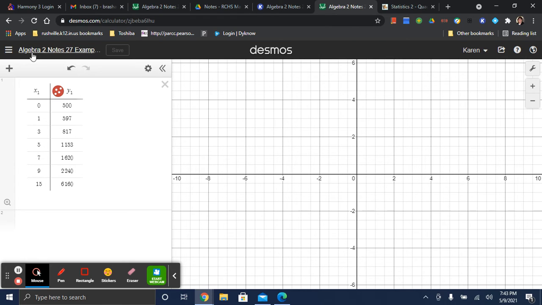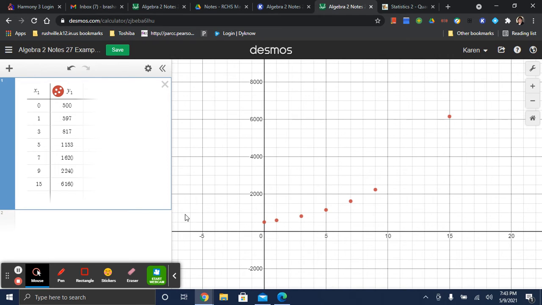I've already done this. Remember, you hit the plus sign, choose the table, enter in your data. So I've already done that. I can't see my data, so I'm going to hit this magnifying glass to see it. Now, when I look at that, it is curving up. It is not a line. A line would go straight. This is curving up.